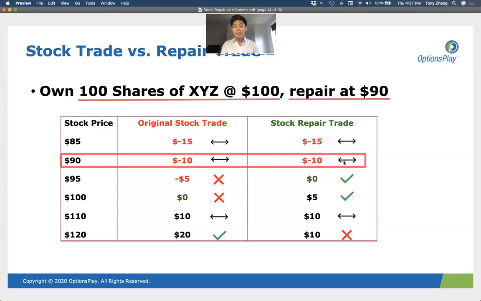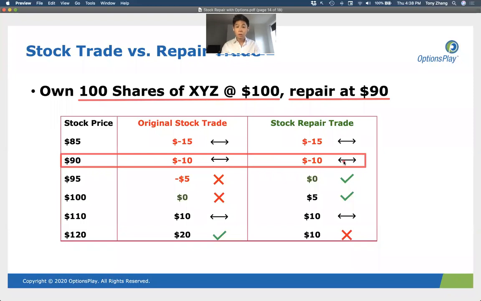Now, let's say at the expiration date, the stock doesn't rally, but it also doesn't decline. It stays at 90. Whether I put on the repair strategy or not, the two strategies are identical, which means that I'm not risking any more money, but I'm also not making any more money if the stock doesn't move.